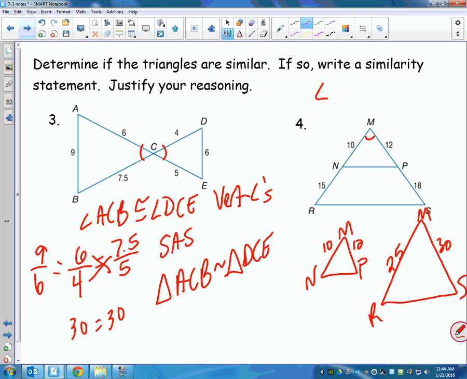As we know, angle M is congruent to angle M by the reflexive property. So they like to give you that triangle and a triangle because you get that one angle that you know is congruent. So then you need to prove that the side lengths, and that's where you have to think about the big triangle is not side length 15, it's the whole triangle together. So is that the same ratio? Is 10 over 25 the same ratio as 12 over 30?